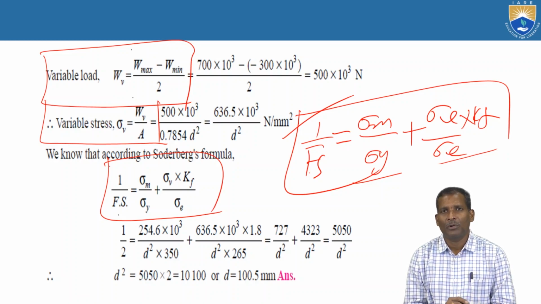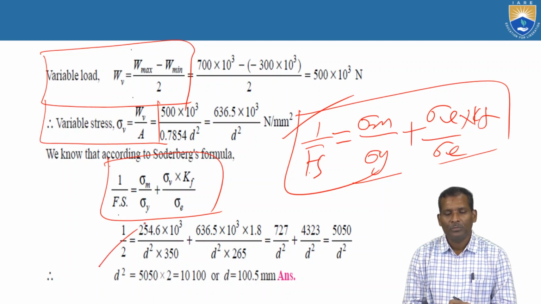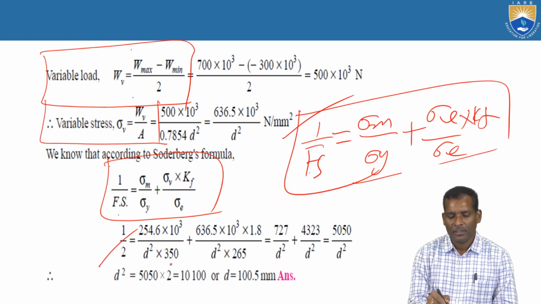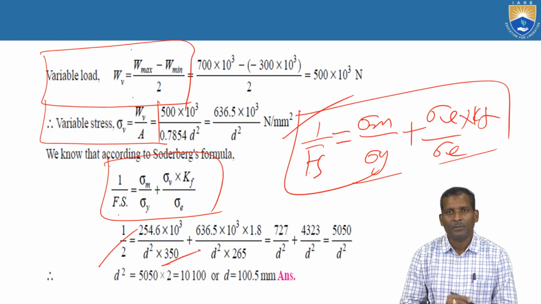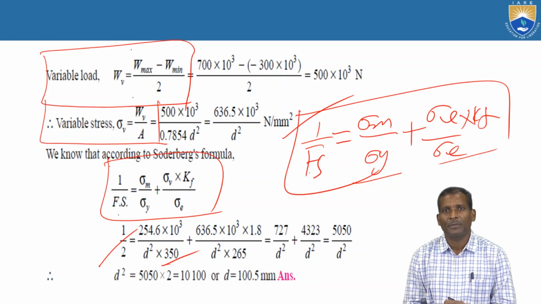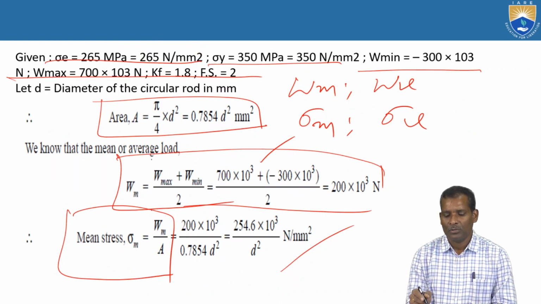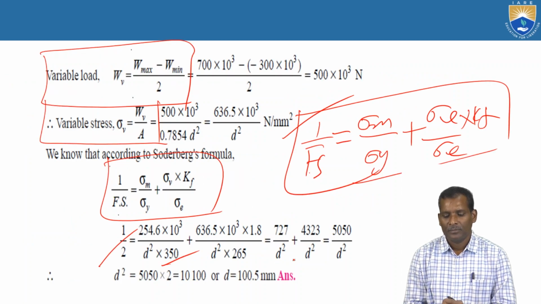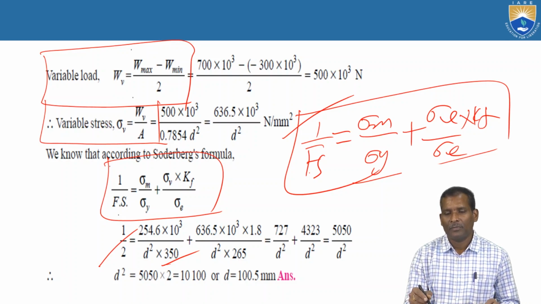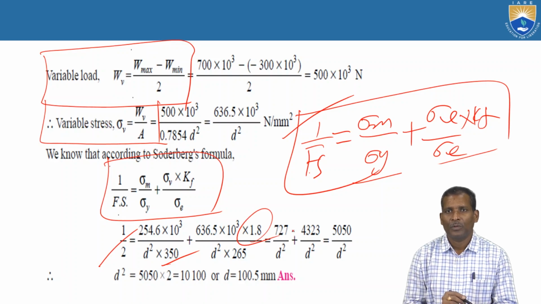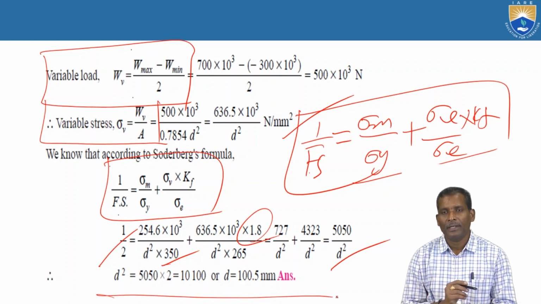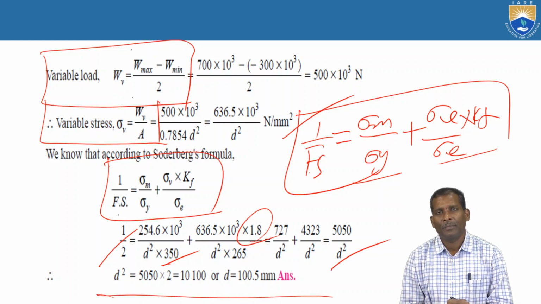Substitute all the above values: factor of safety 2, yield stress 350, and the mean stress calculated in the previous step. Mean stress is equal to 254.6 into 10 cube by d square plus sigma v variable stress into the fatigue stress concentration factor 1.8. So finally you will get 100.5 mm diameter.